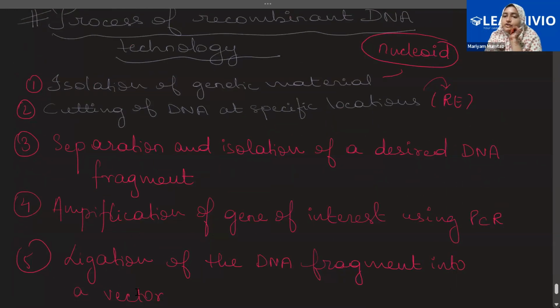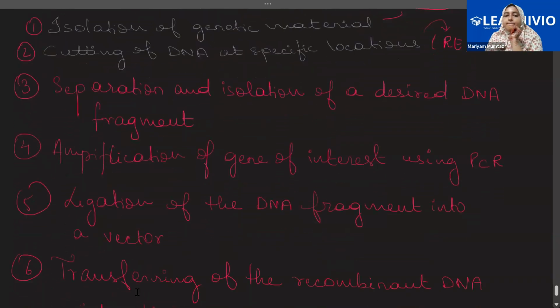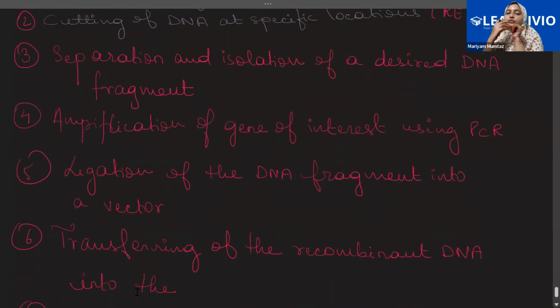You people have understood? After that, you took the amplified DNA. Now what do you want to do? You want to put it onto a vector, a carrier. For example, you have a business, any kind of business. Some of you are painters, let's just say. You made a painting.